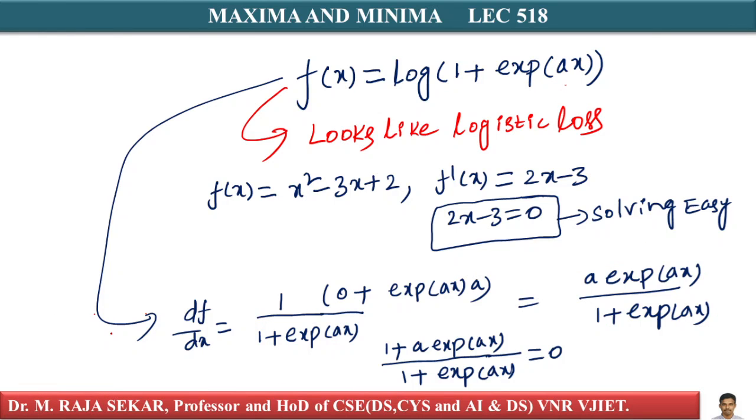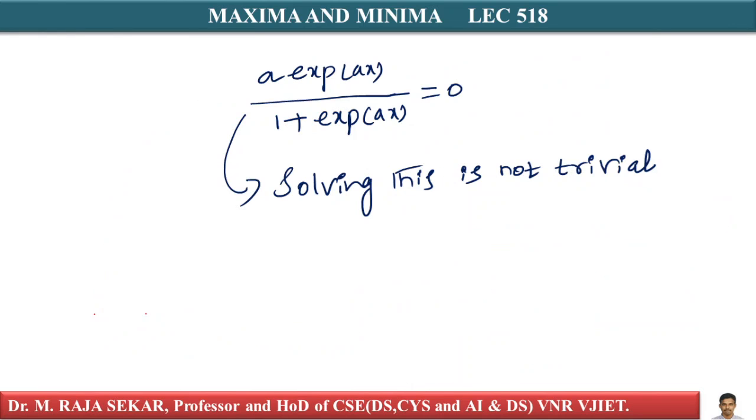Previously we solved 2x minus 3 equals 0, which is trivial. But in this case, solving a into exp of ax by 1 plus exp of ax equal to 0 is not trivial. Sometimes it is very, very hard to solve.